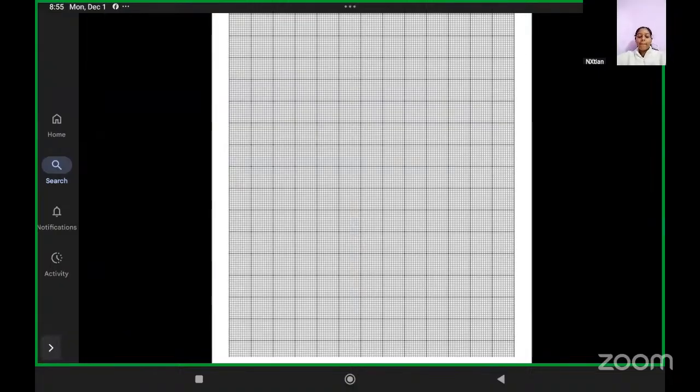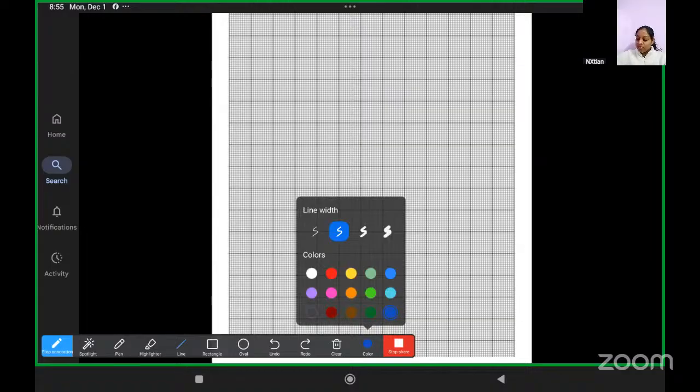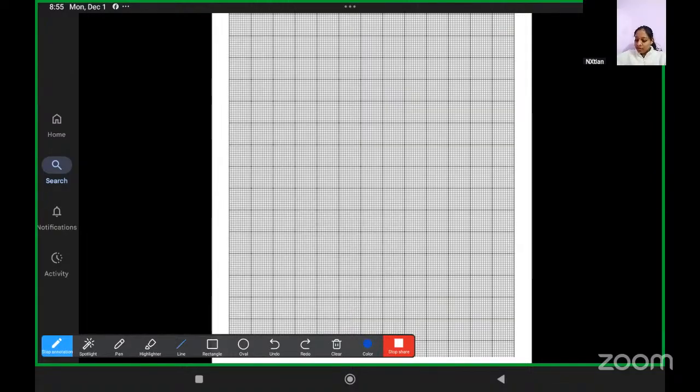Okay. Now the question says that I have a parallelogram with a base of 8 centimeter. Here, each square is equal to 1 centimeter.